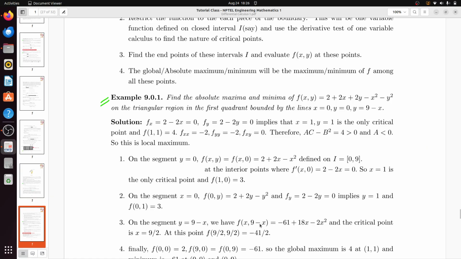And finally, one point that you are missing is the corner points.